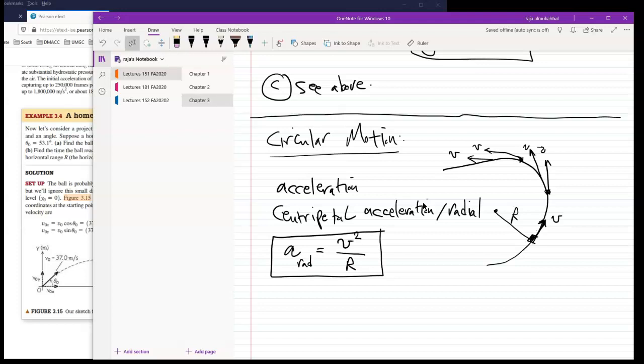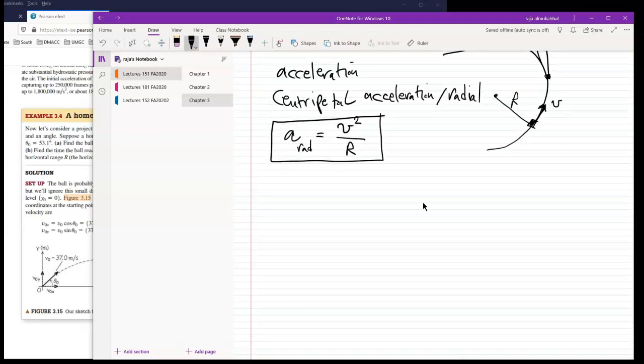Let me show you a better picture of this. Imagine you have, say, the electron going about the proton in the hydrogen atom, or the moon going around the earth. So here is one object, here's the other object. We're going to ignore the object in the center for now and concentrate on the orbiting object, say the electron.